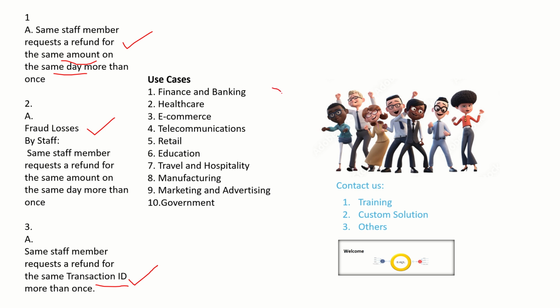And these are the multiple industries where this can be happening, and we can help with ESQL algorithm and model driven approach. Contact us for training. We can provide custom solutions and others.